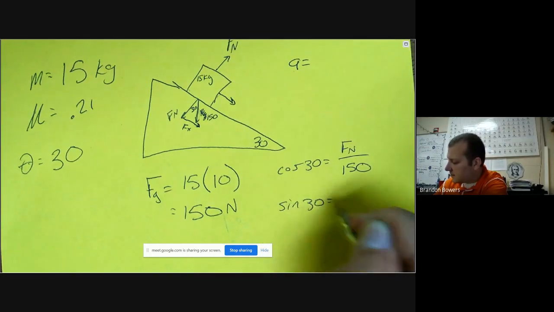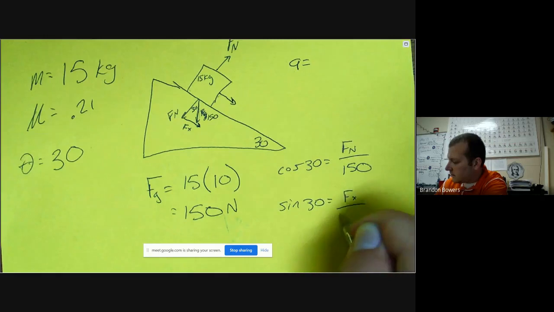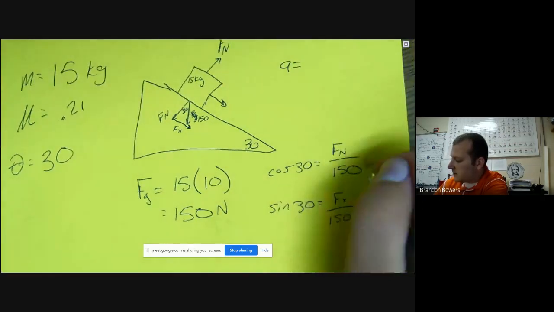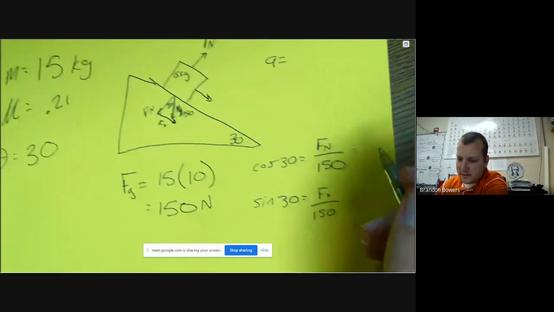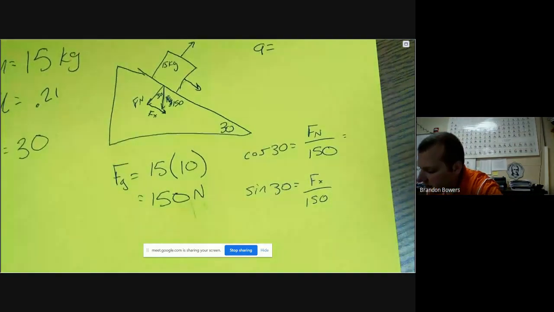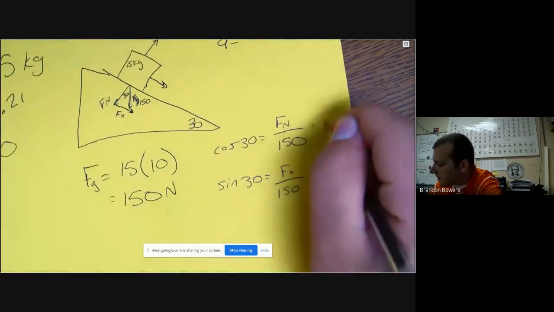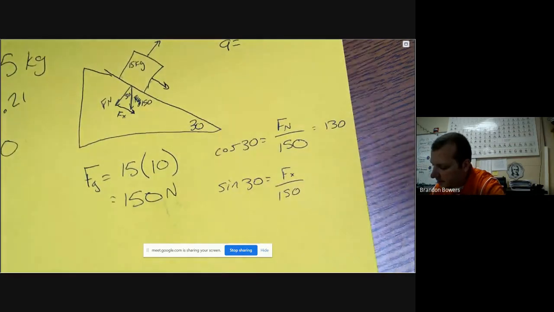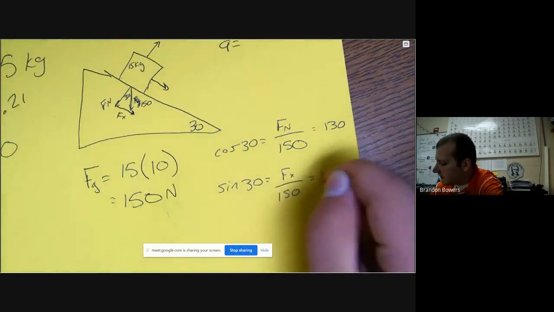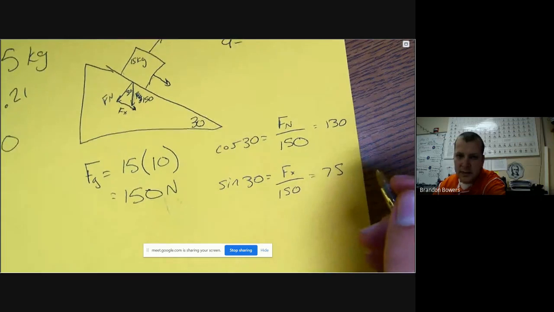Sine of 30 is equal to Fx over 150. So let's solve for these two values. Make sure you're in degree mode. Cosine 30 times 150 is about 130. Sine of 30 times 150 is about 75. So I got those values.